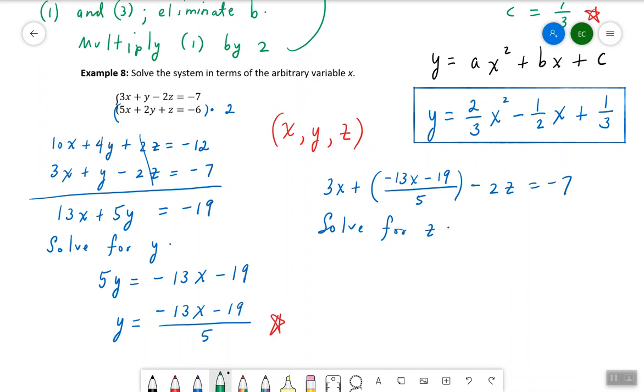And I'd like to start just by clearing out the fraction 5. So I'm going to multiply both sides of the equation by 5. And that will get me 15x minus 13x minus 19 minus 10z is equal to negative 35.